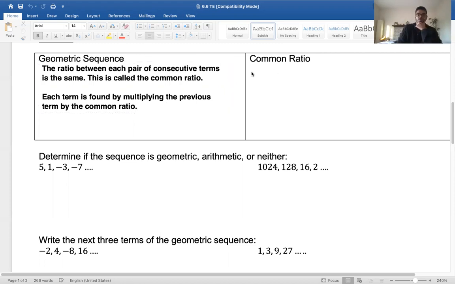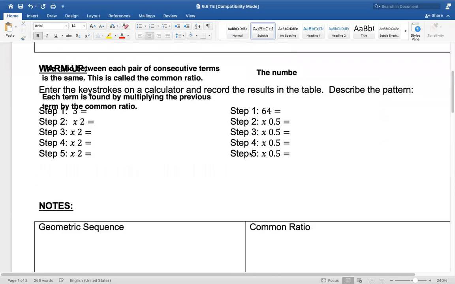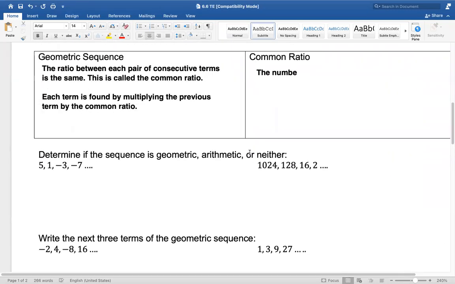Up above, our common ratios were 2 and 1/2. So the common ratio is the number that you multiply by to go between consecutive terms.